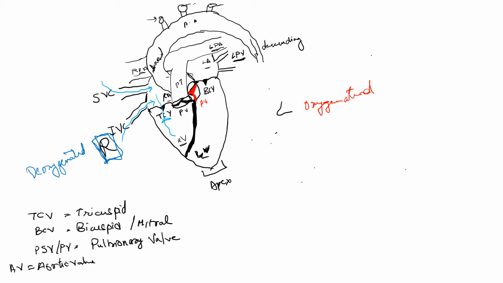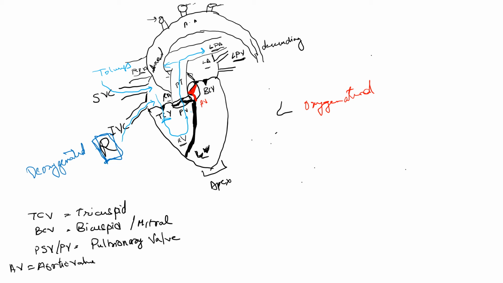Blood flows into the right ventricle. When the ventricle contracts, the pulmonary valve opens up and blood goes through the pulmonary trunk and the left and right pulmonary artery, and it's carried to the lungs for oxygenation.